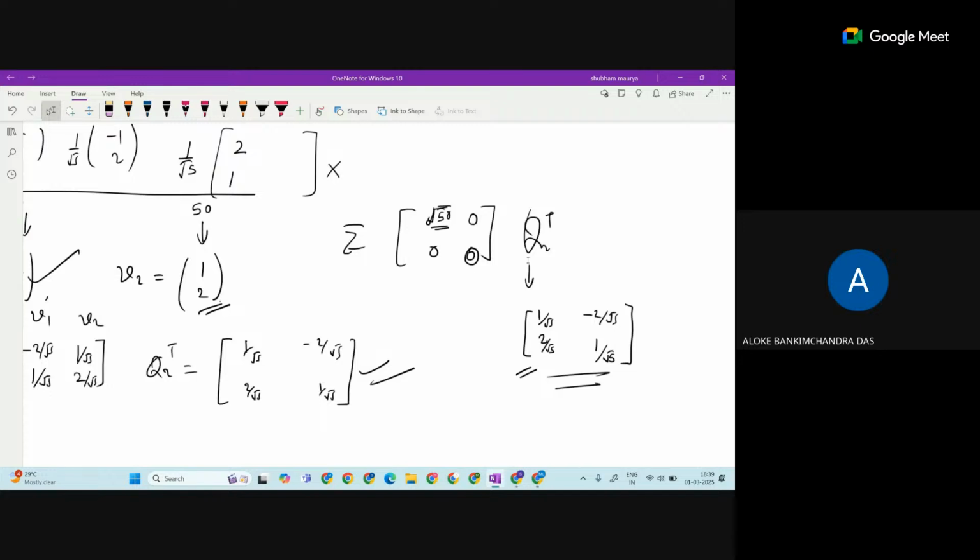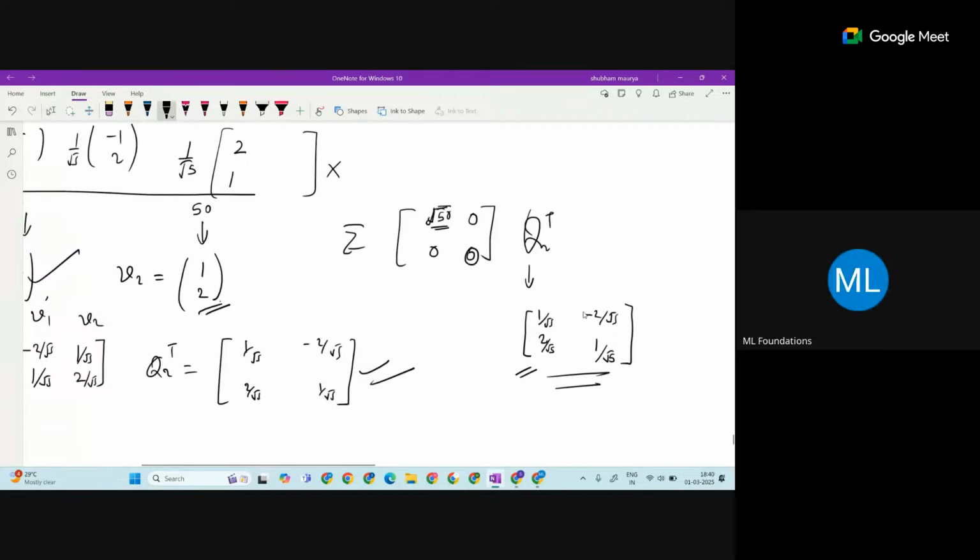If you transpose it, then 2 by root 5 will go up, and minus 2 by root 5 should go down, no? Correct. So it is just going opposite. So Q2 should be 1 by root 5, minus 2 by root 5.